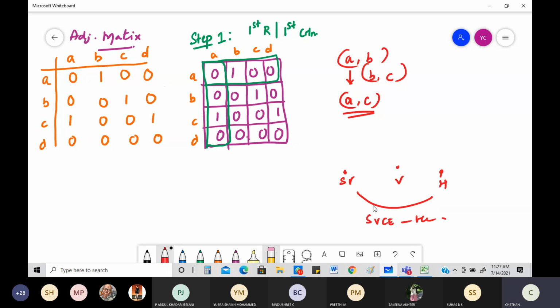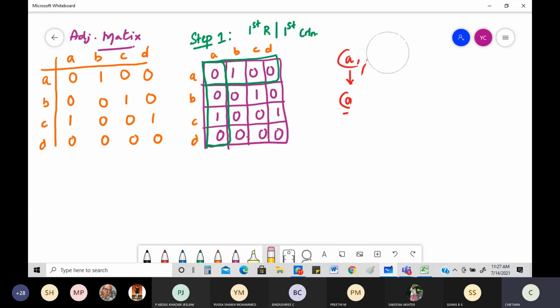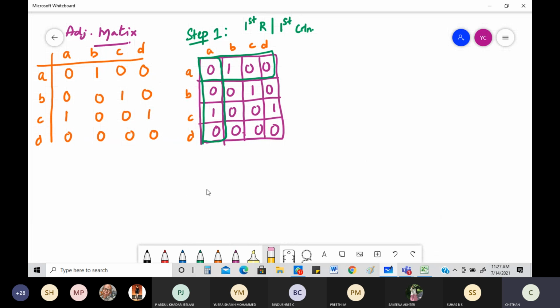Why step by step? Because in step one I have chosen only the first row and first column, nothing else. With regard to the first row and first column only, I'm going to figure out the edges that we get. Along with that, I'm going to get a new adjacency matrix also. I'm going to write my new matrix down like this.